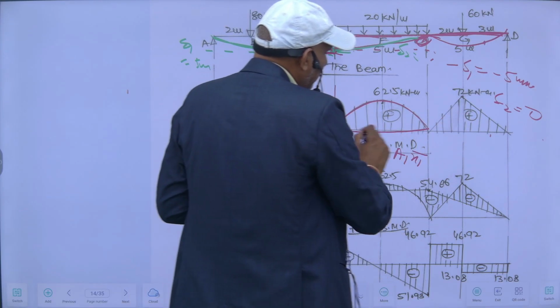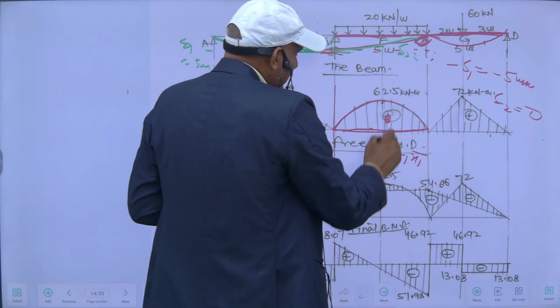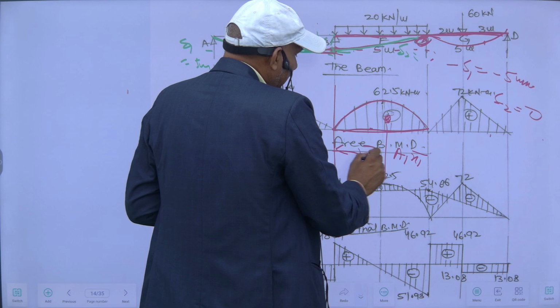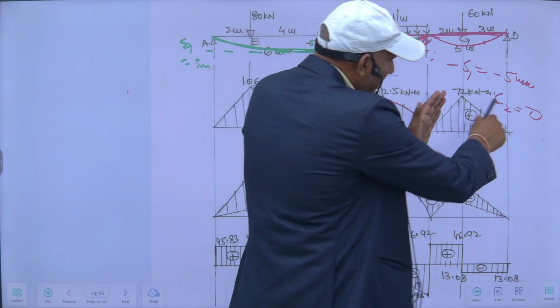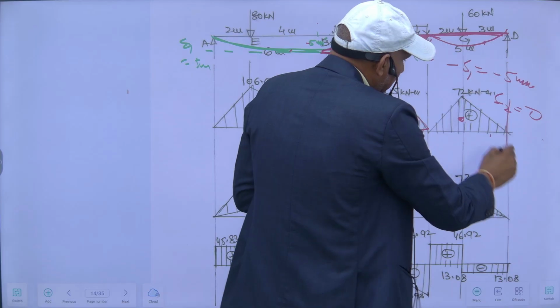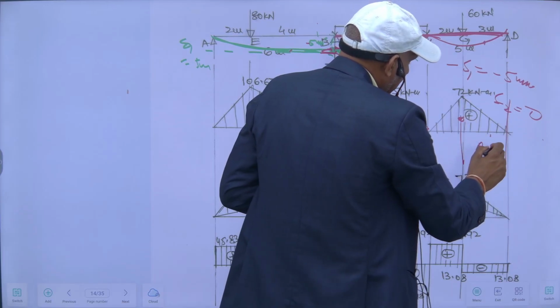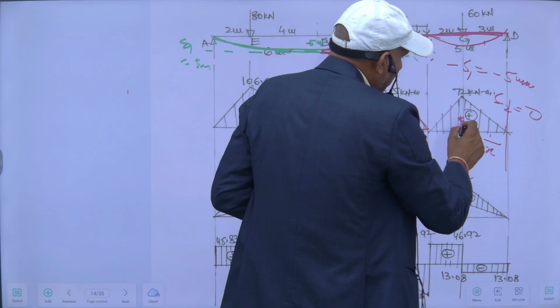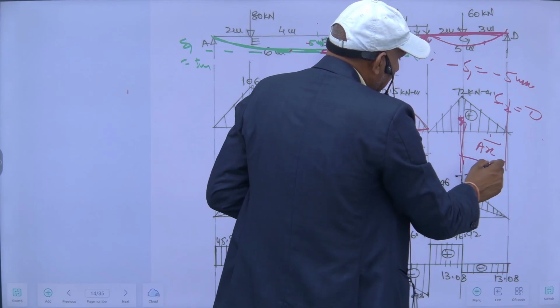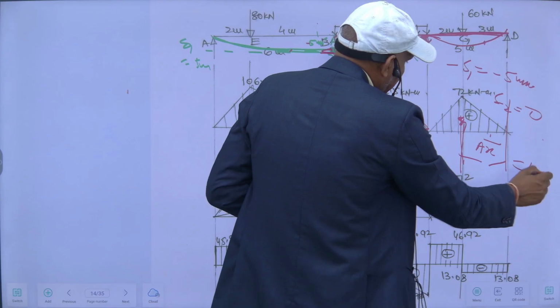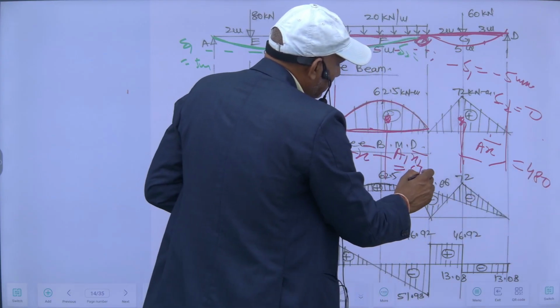So AX for this will be my area of this into this, and for this AX will be from these points. And as we calculated, this is 480, and this one was 520.83.